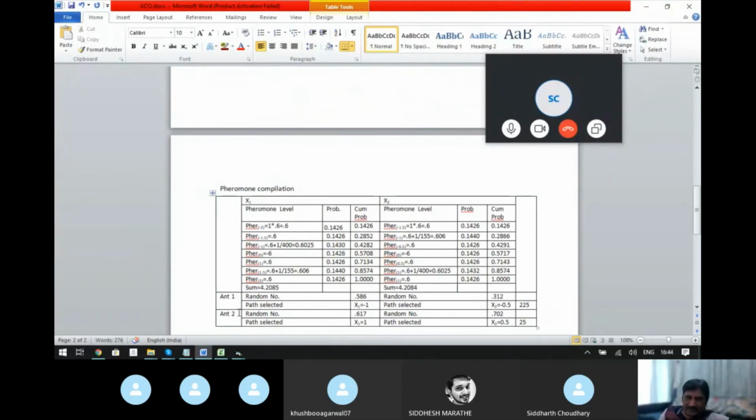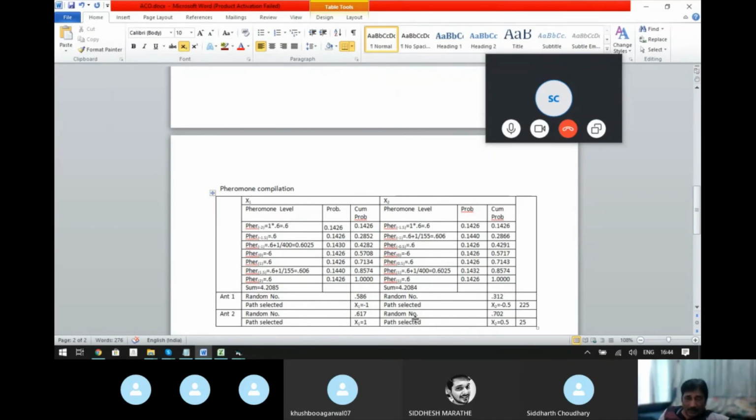Now a similar analysis for ant 2. Again, I take a random number, 0.617, and place it in the cumulative probability side. That indicates that x1's value is 1.